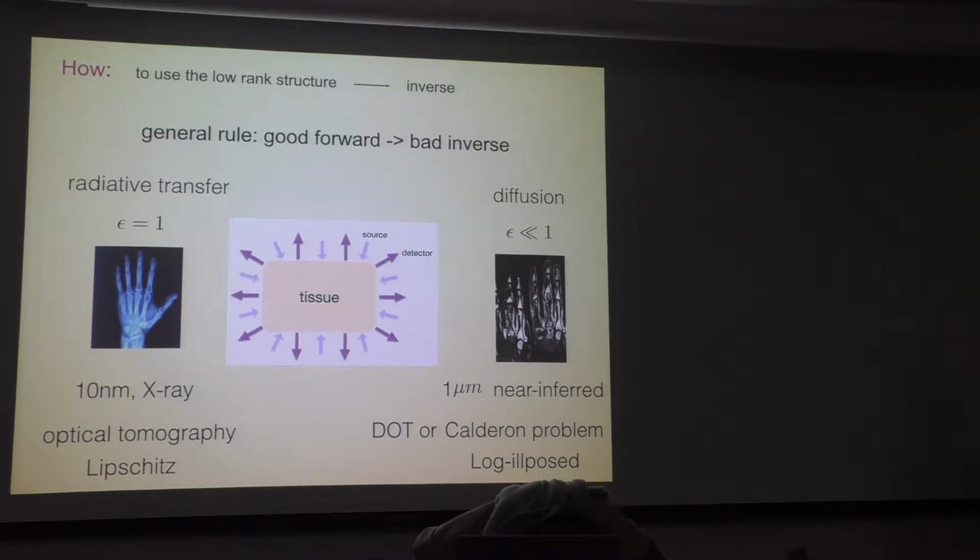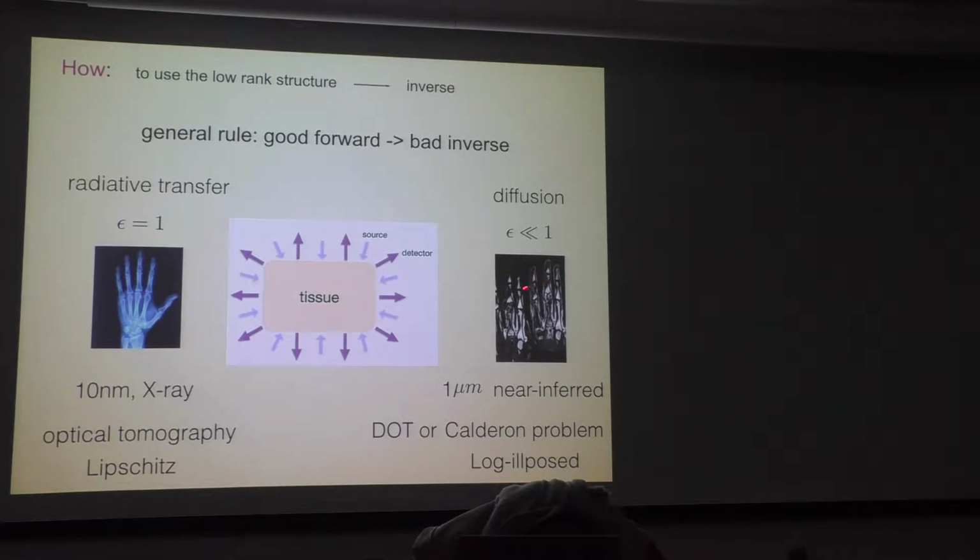One thing that I'd like to emphasize is, from the mathematical side, the inverse problem for X-ray and the inverse problem for the diffusion equation have been studied by two different groups, and they came up with two different results, and these two results contradict each other. For X-ray, people proved Lipschitz stability. I'm going to talk about Lipschitz stability later.